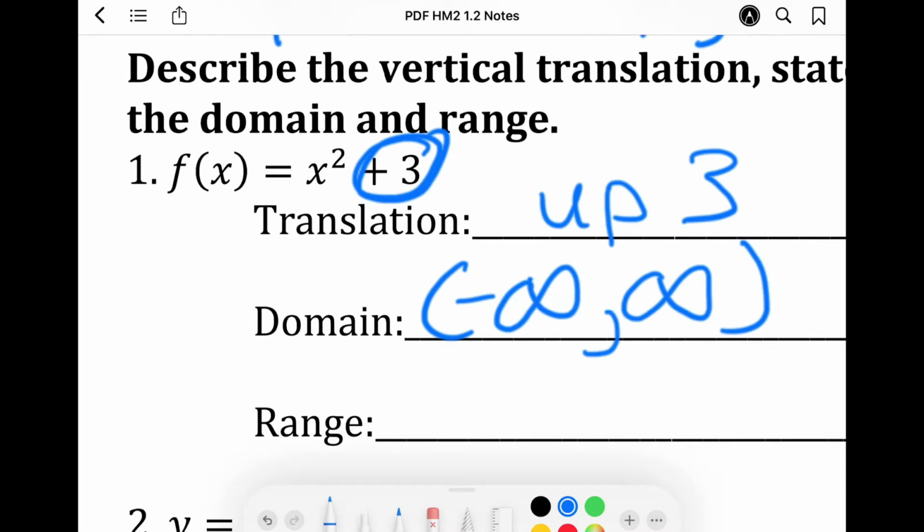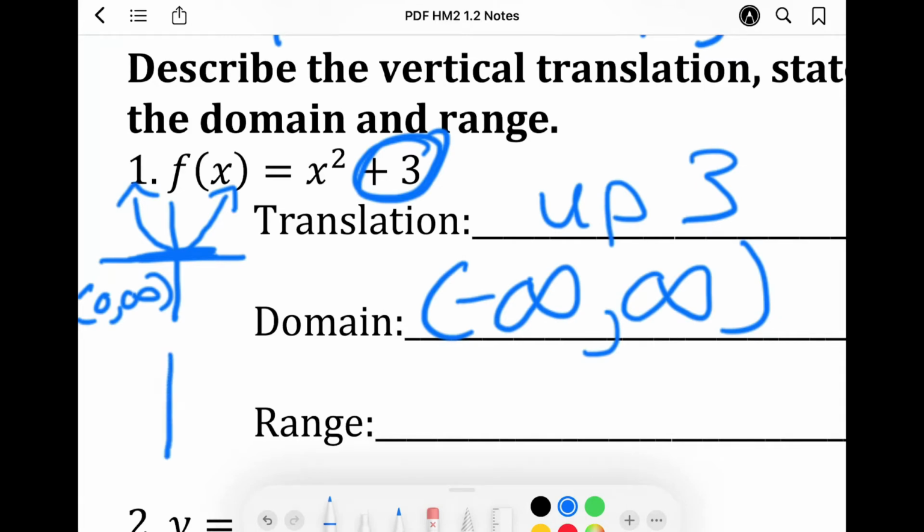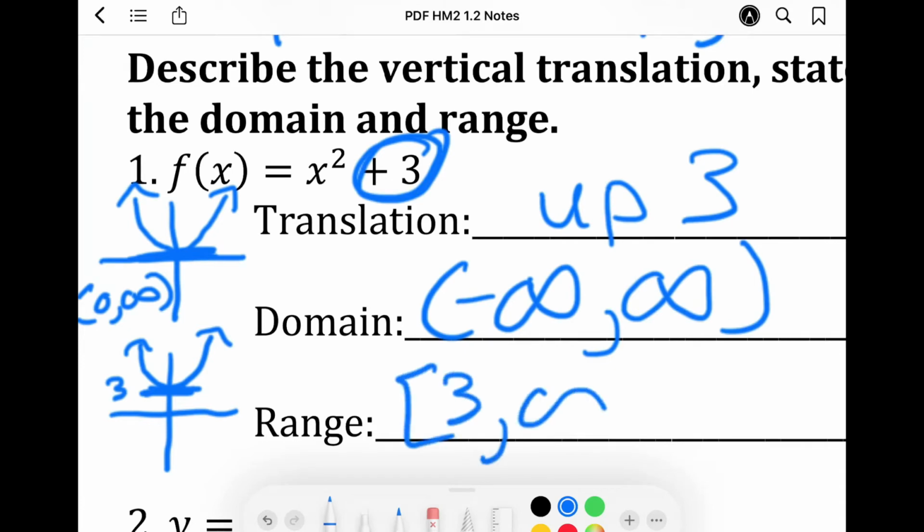And the range is going to move because typically our parent function is going to look like this, where our range is 0 to infinity. Well, if we're shifting up 3, that means our smallest y value is going to be at 3. So our range is going to be 3 to positive infinity. And that is how you do that.